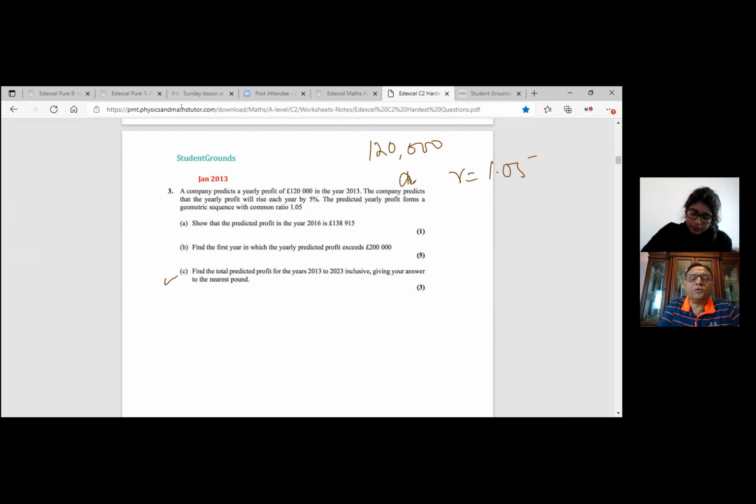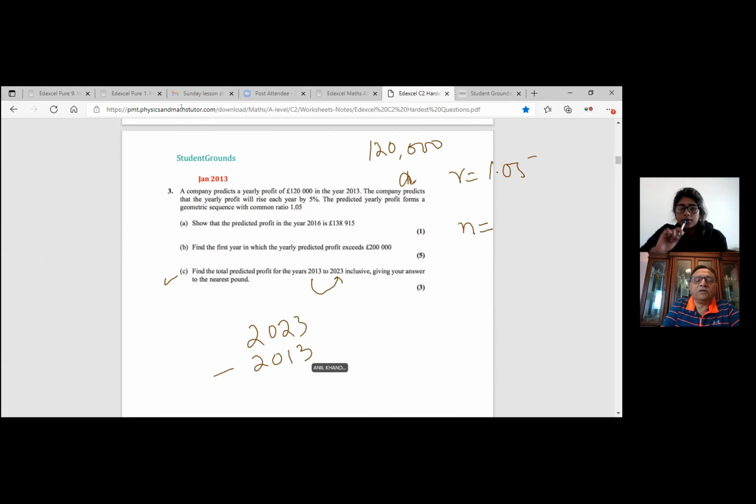When you say 2013 to 2023, how many terms will there be? You do 2023 take away 2013, which is 10, and add 1 to this. The first term is 2013 and 2014 will be the second term, but the difference is only 1, so you have 2 terms.